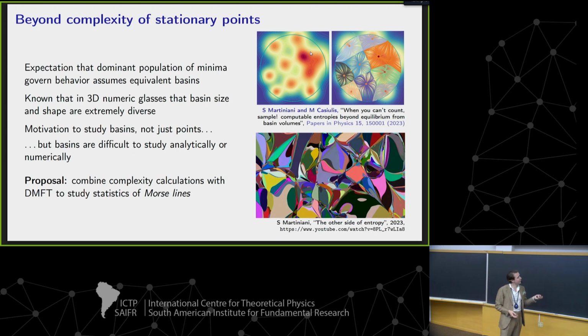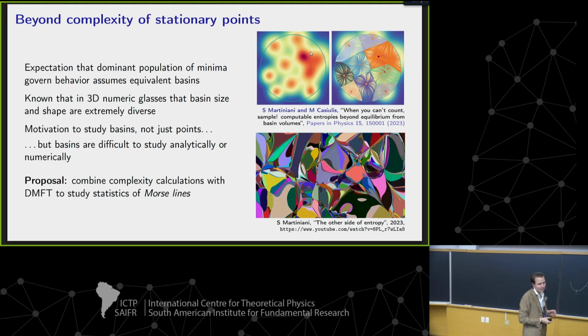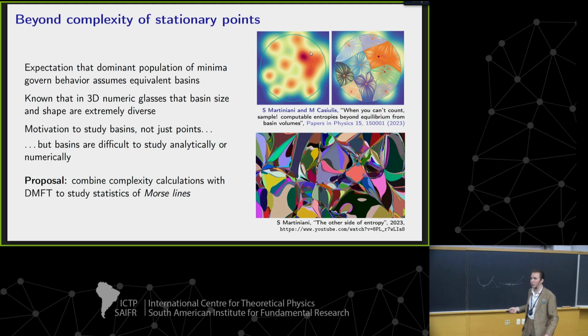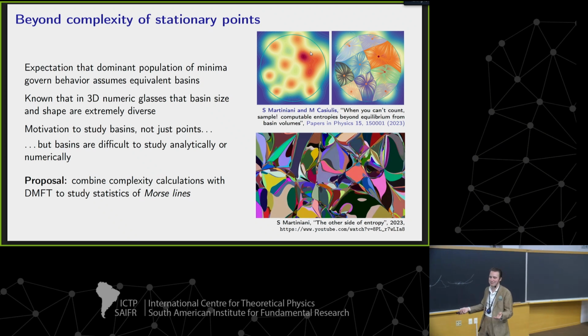In fact, it's known that in glassy problems, these are, I think, soft spheres or hard spheres, basins of attraction, a slice through a landscape. The basins of attraction are very non-convex. They have a wide range of sizes. And our majority rule intuition, or maybe not intuition, but our majority rule bias is completely invalid. We shouldn't expect it to work.